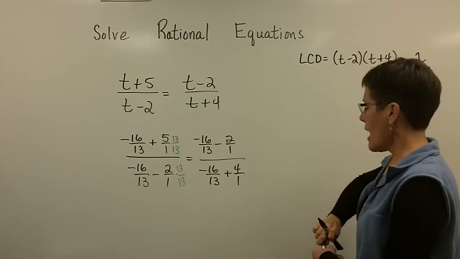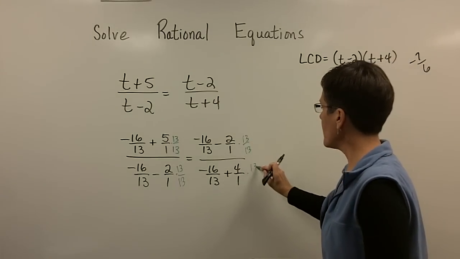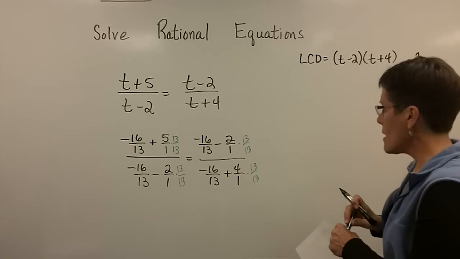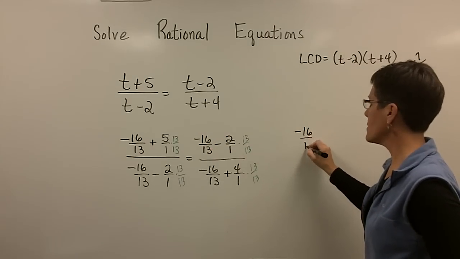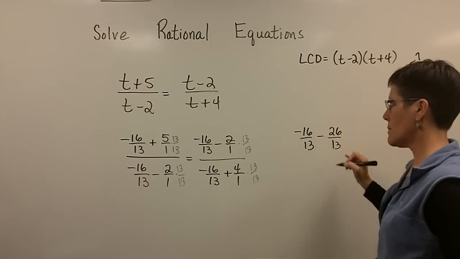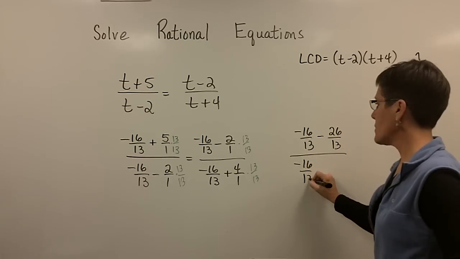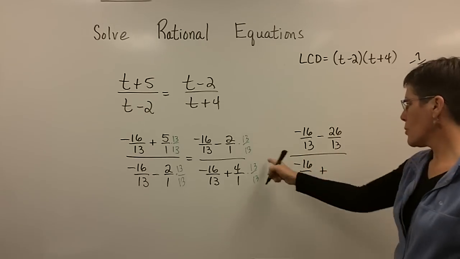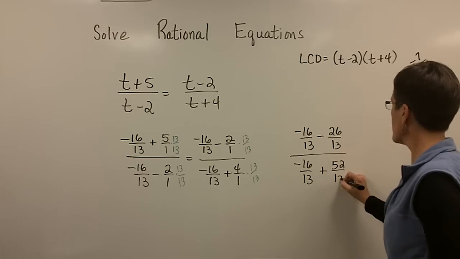So right here, I'm going to multiply this by 13 over 13, and this by 13 over 13. So I've got a negative 16/13 minus 26/13. And downstairs, I have a negative 16/13 plus 4 times 13, 12, carry the 1, 52/13.